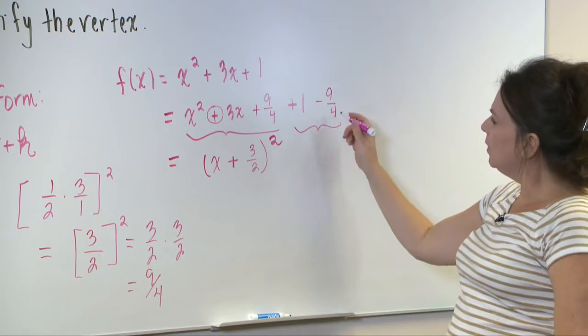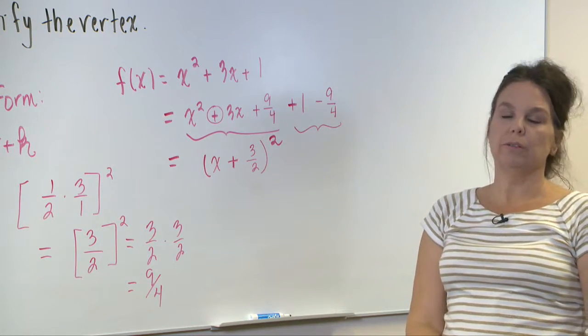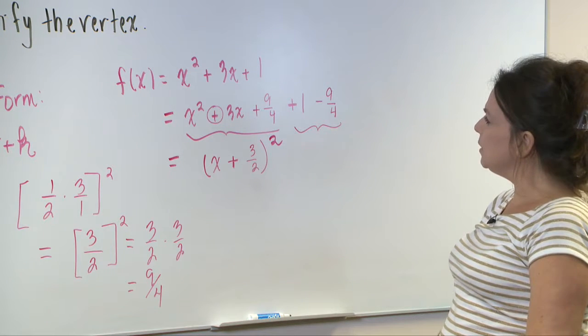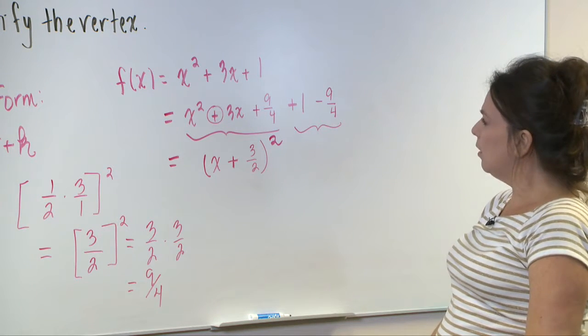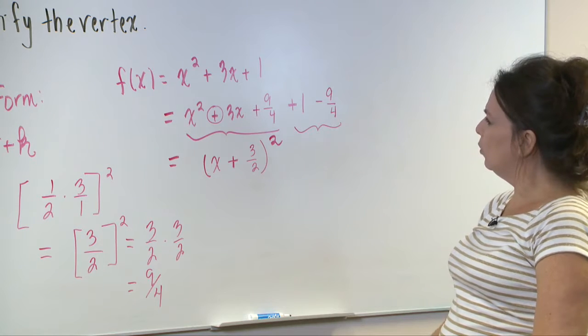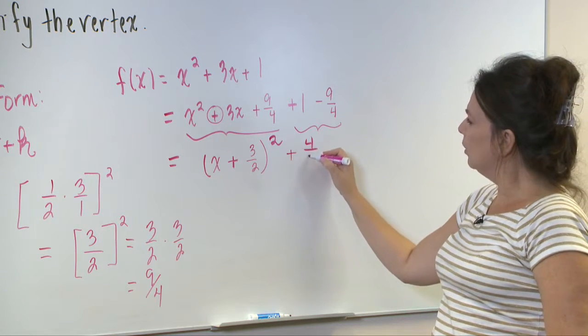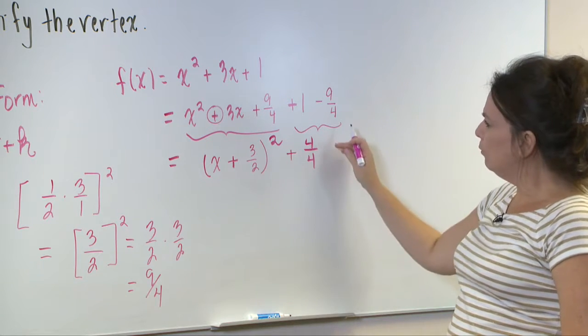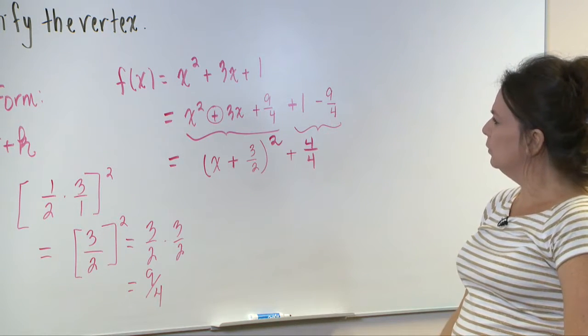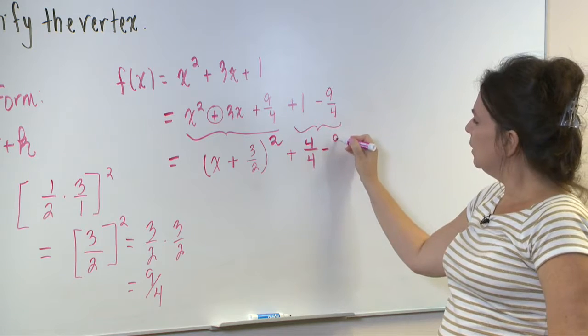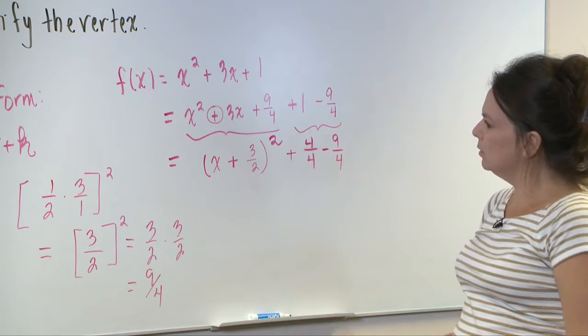In order to combine these two numbers, I want to get a common denominator. And the common denominator here is 4. So I can rewrite 1 as 4 over 4, which is equivalent to 1, minus the 9/4.